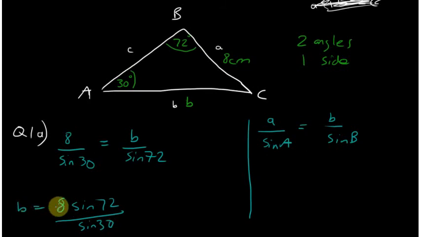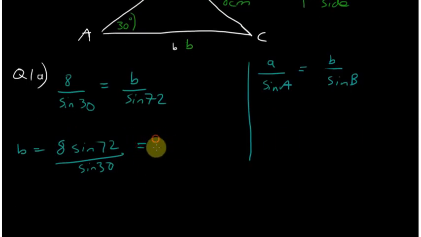So I'm just going to plug that in: 8 sine 72 divided by sine 30, and I make that 15.2, to 3 significant figures. And so there you go.